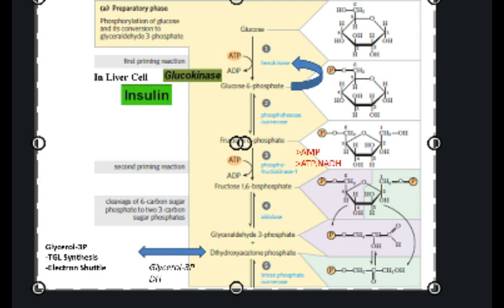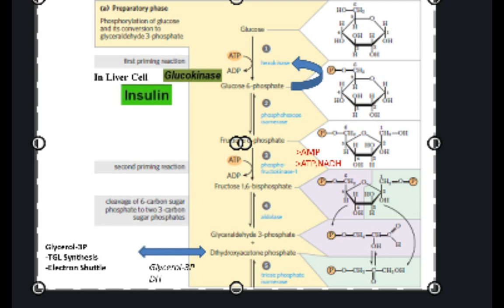So glucose 6 phosphate inhibits hexokinase, so no further glucose will be phosphorylated, and the extra glucose will move back towards blood, and it will enter the liver cell and beta cell of pancreas.